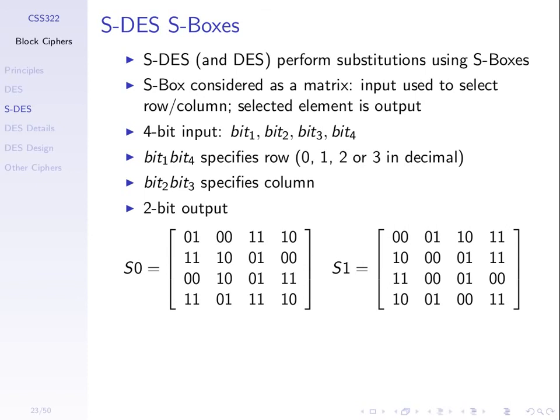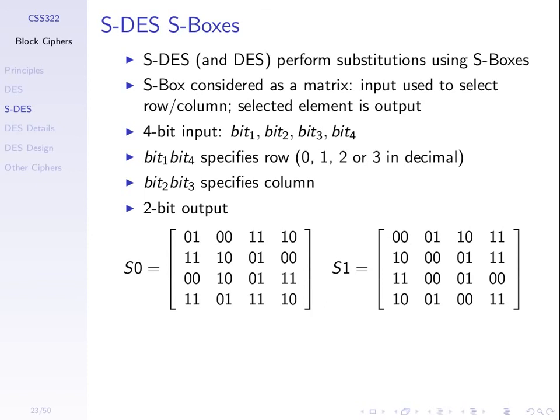So focusing on S0, we have 4 bits in. The way that we interpret this, so this is the S box. We have a 4-bit input, bit 1 through to bit 4. Bit 1 and bit 4 specify the row. Bit 2 and bit 3 specify the column. And we just do a simple matrix lookup, and the element that we find becomes the output, where we label our columns and rows in binary.